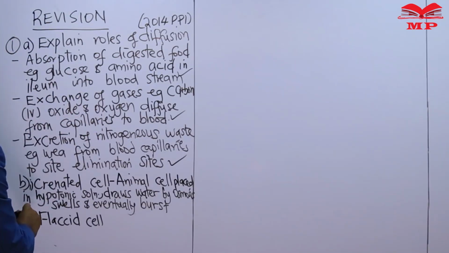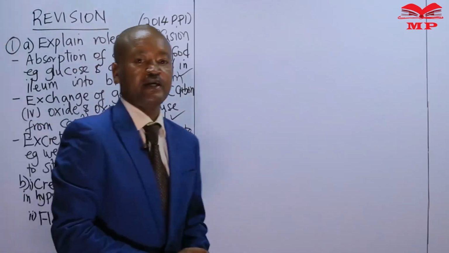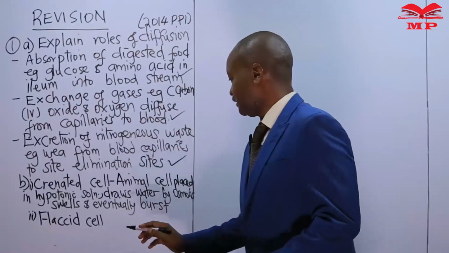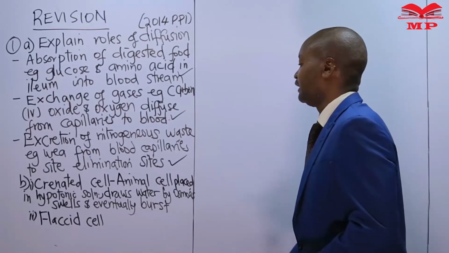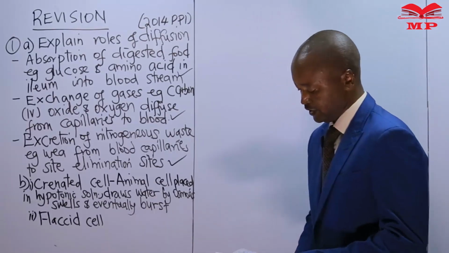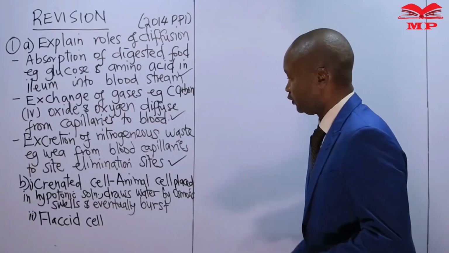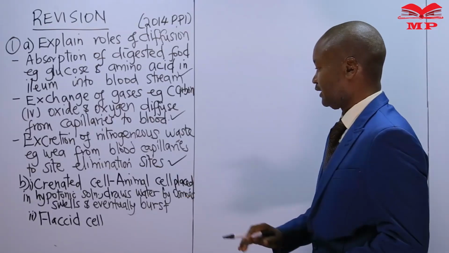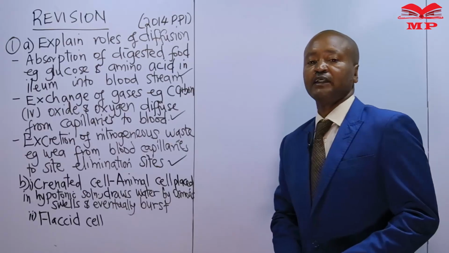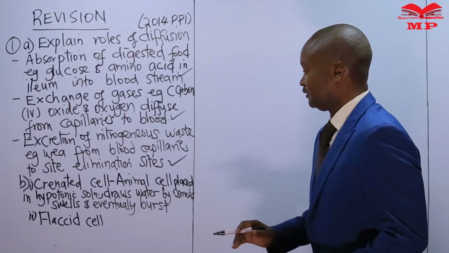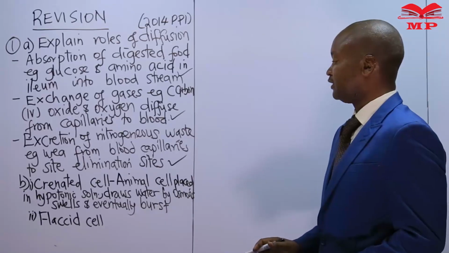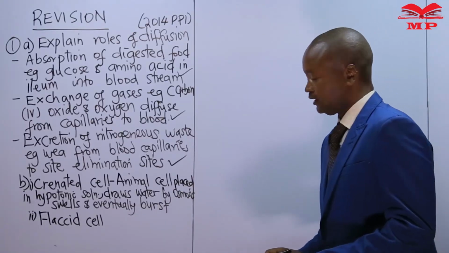Then we have the second explanation for the word flaccid. Under flaccid, it happens in the plant cell, and this happens when the cell is placed in a hypertonic solution. Here, the cell will lose water. After it has lost water, it will shrink, like in the case of the animal cell.